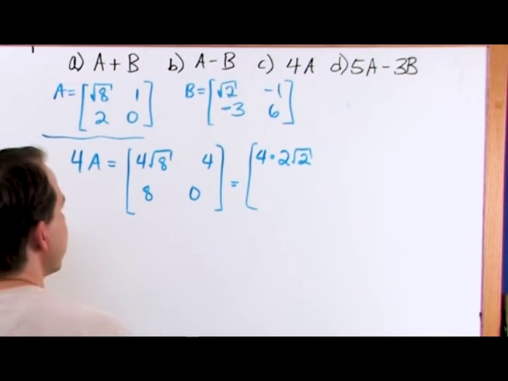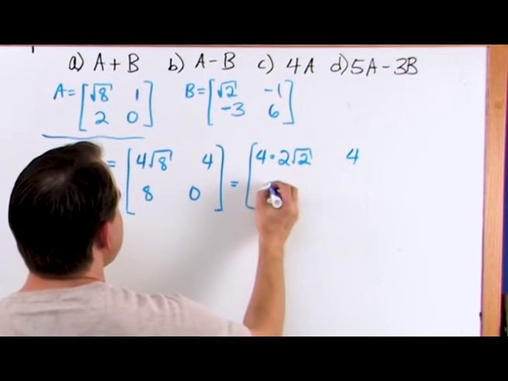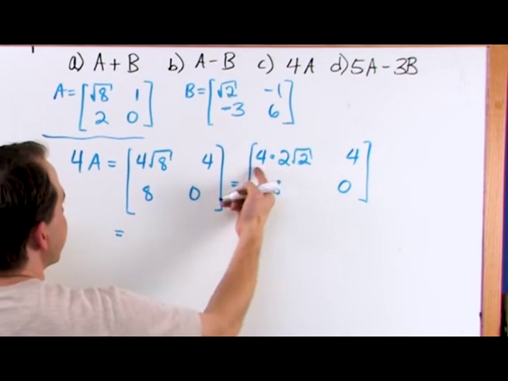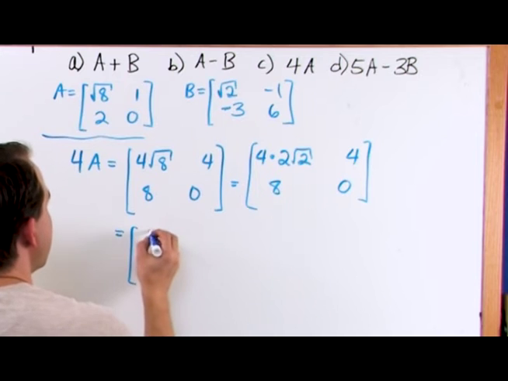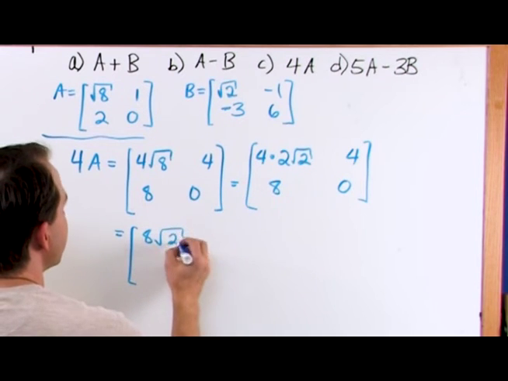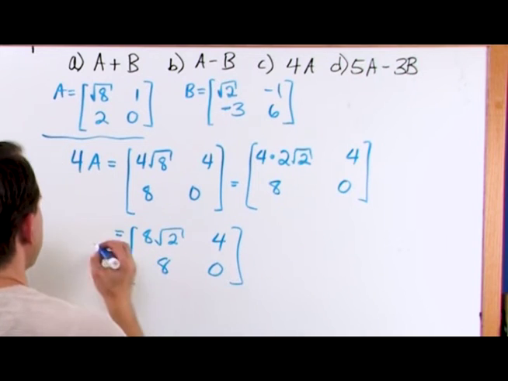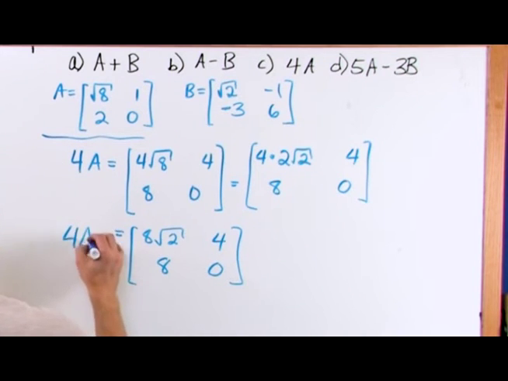That's exactly what it's equivalent to. And so you have a 4 and an 8 and a 0. And so finally you just complete things by doing this multiplication. So you'll have 8 times the square root of 2, and then the other elements just stay the same. And this is 4 times A. 8 times the square root of 2, 4, 8, 0. Those are the elements of that matrix right there.